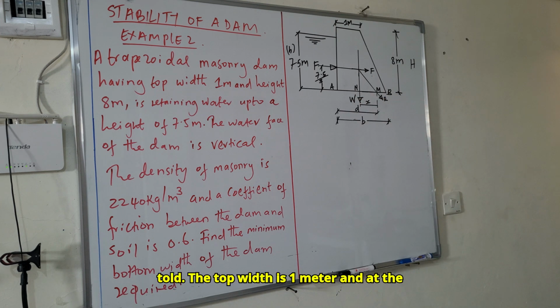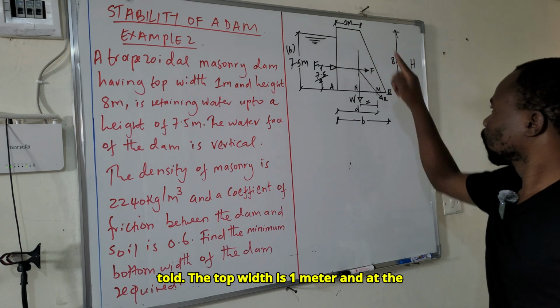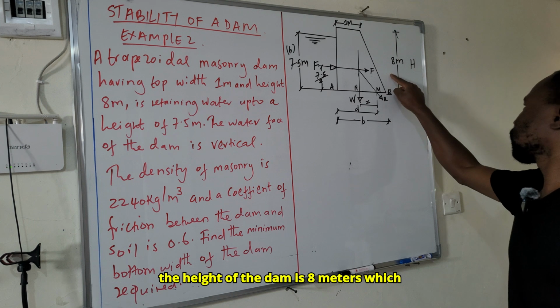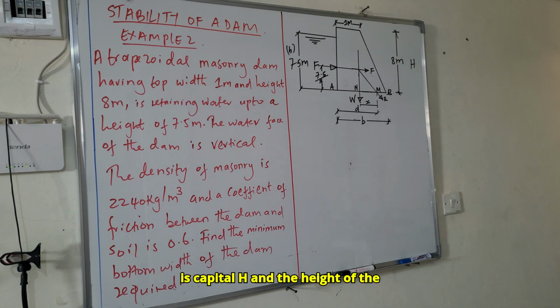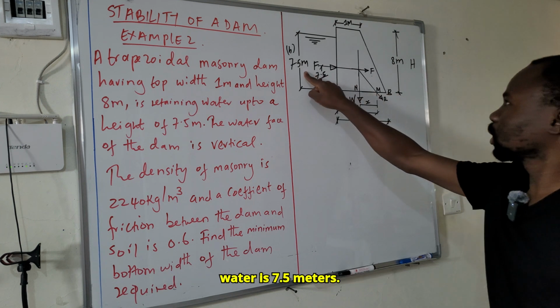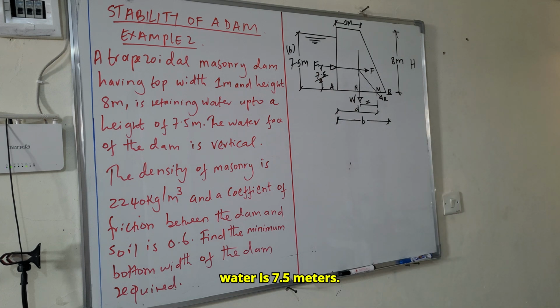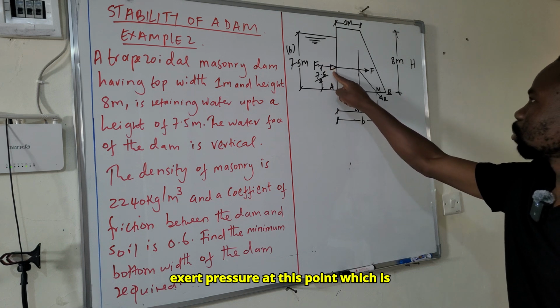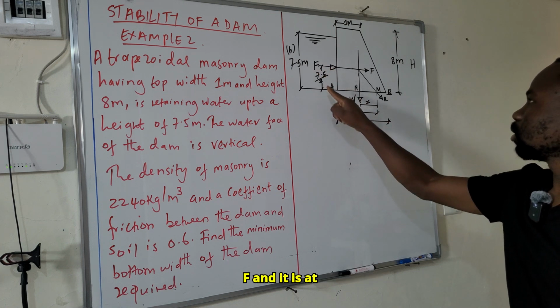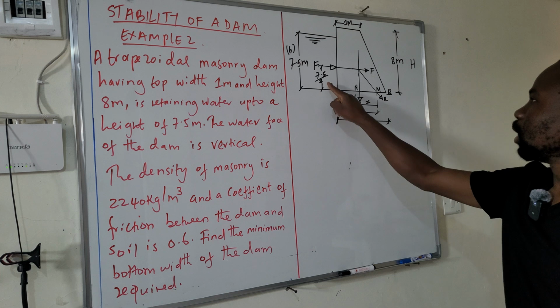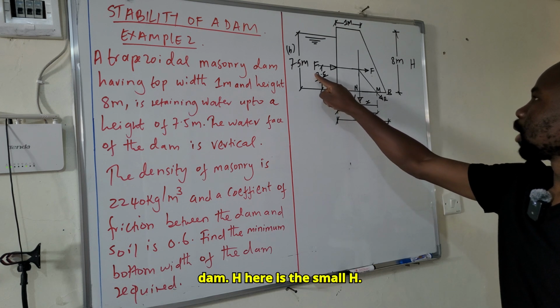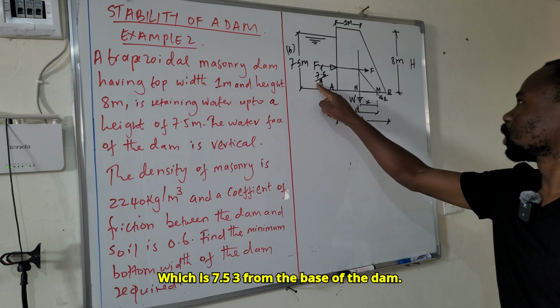As we have been told, the top width is 1 meter and the bottom width you have not been given. The height of the dam is 8 meters, which is capital H, and the height of the water is 7.5 meters. This water exerts pressure at point F, at h over 3 from the base of the dam, where small h is 7.5.